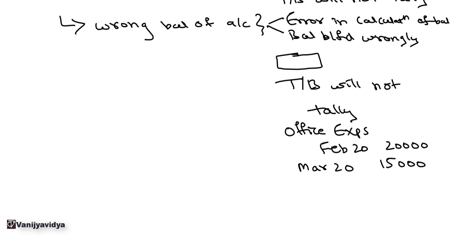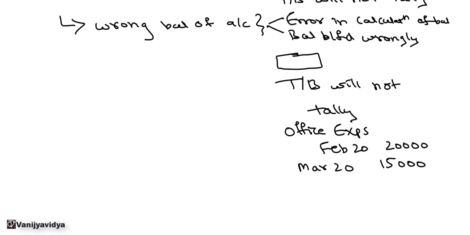So now in this case, what will happen is at the end of March 20, your office expense will be less by 5,000. Since the balance taken forward is wrong by 5,000, the office expense will be reflected at 5,000 rupees less or undercasted by 5,000 rupees.